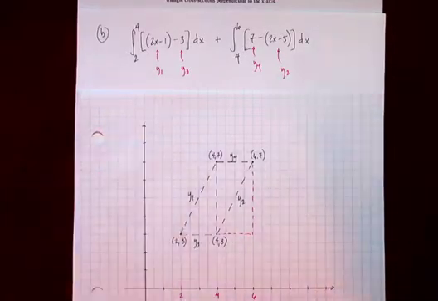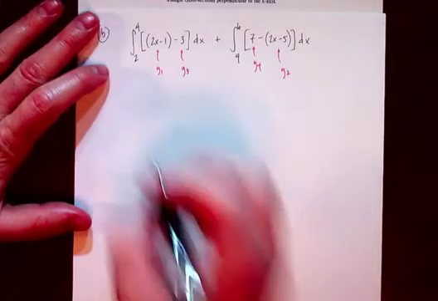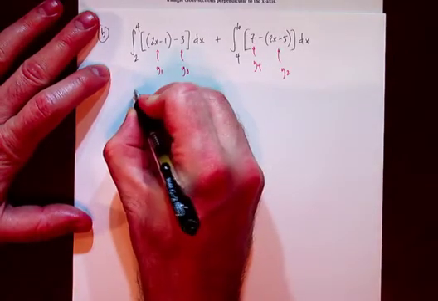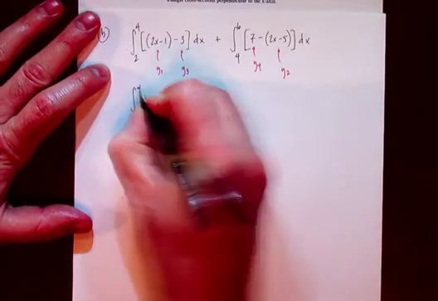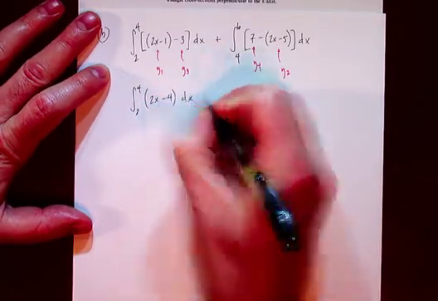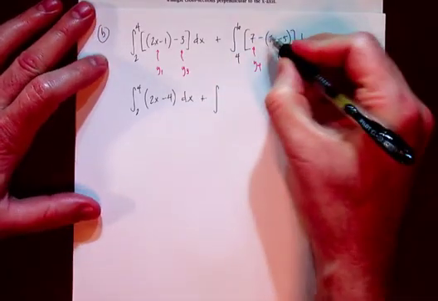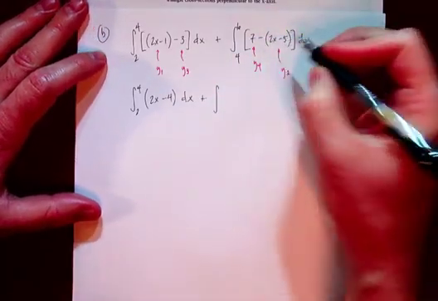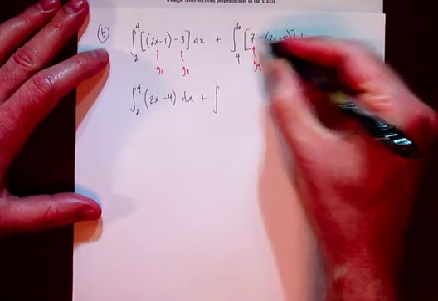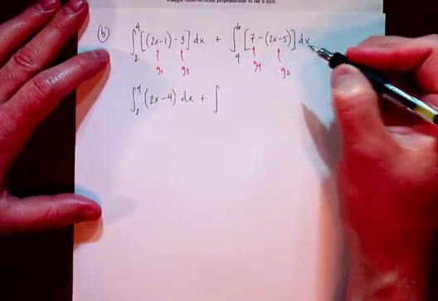Okay. Well, let's go ahead and do what we need to do. Let's go ahead and clean both of these up, and we're going to get 2x minus 4 dx. This one winds up being, remember when you distribute, you need to make sure you distribute to both of them, and this is going to be 7 minus 2x plus 5 when I get the parentheses out of the way.